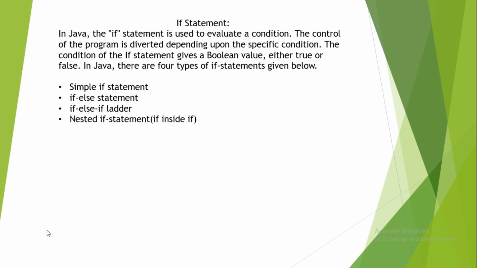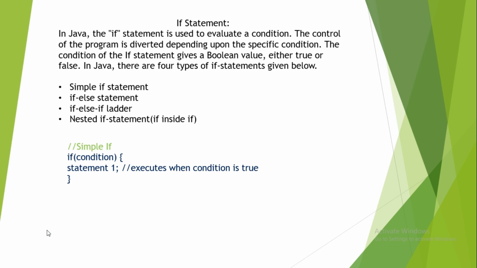If you want to check more conditions, you can go for if else if. Even nested if, where you give an if statement inside another if, which is why we call it a nested if. We will see the examples one by one.